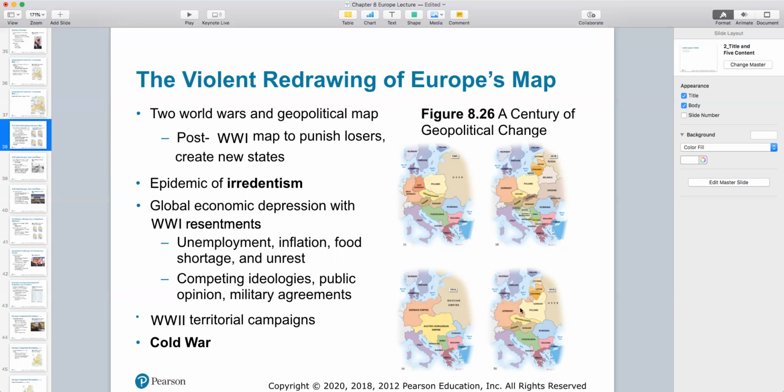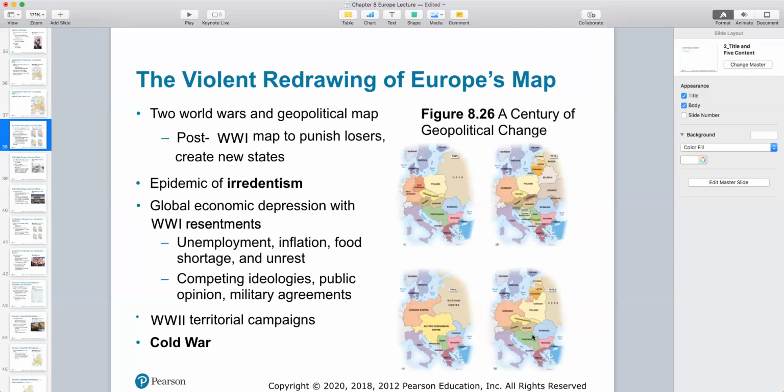Then from 1914 to 1919, as a result of the First World War, we have Germany broken up and we see the creation of Poland. We also have Estonia, Latvia, Lithuania, and a small portion of Germany that is separate from the main German area. We also see the Austro-Hungarian Empire being broken up into Czechoslovakia, Austria, Hungary, and Romania. And now we have a Yugoslavia area. So we see a lot of changes.